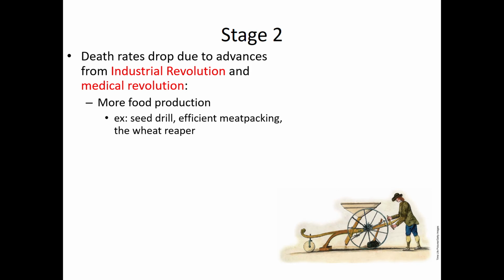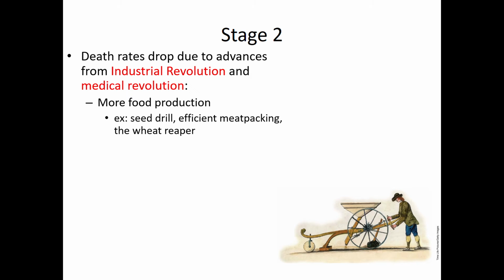There's also more efficient meat packing, so protein becomes more available. Meat used to only be eaten at special occasions like Thanksgiving or Christmas. And once meat packing was made through factories, like Chicago's meatpacking industry, then meat becomes cheaper, and that results in more food for people. The wheat reaper also makes wheat more common.